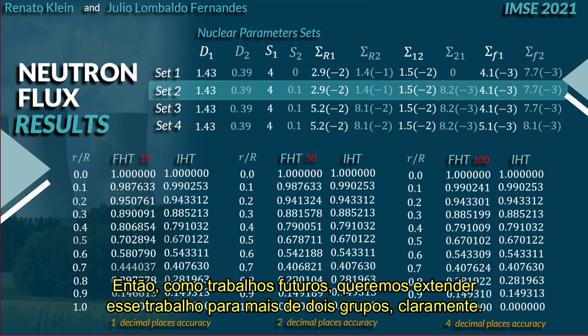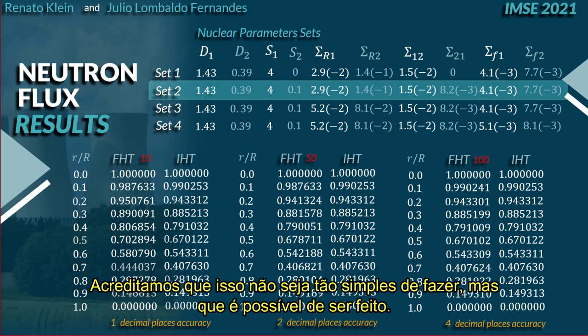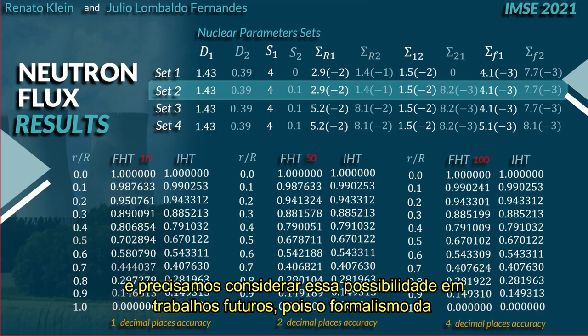So in future work, we want to extend this work to more than 2 groups, of course. We believe that it's not so easy to make, but we believe that it's possible to extend it to more than 2 groups, and in future work we need to take this possibility.